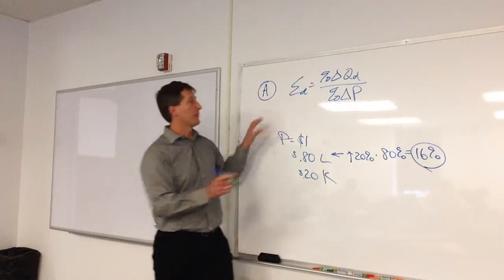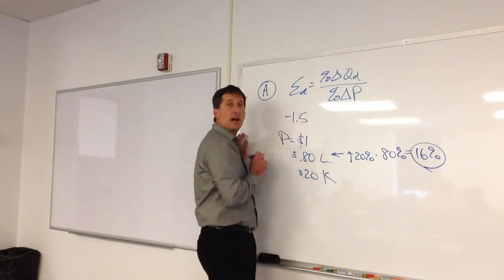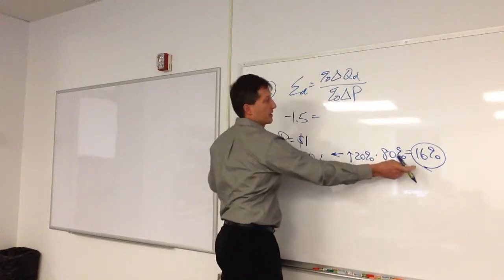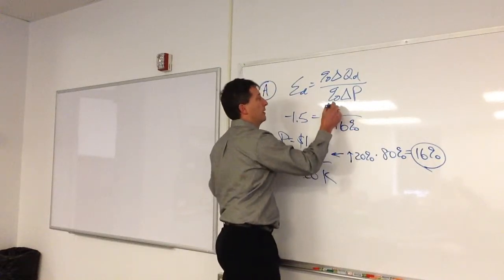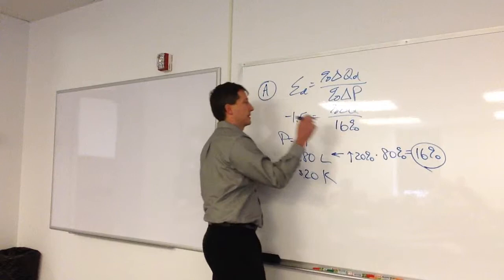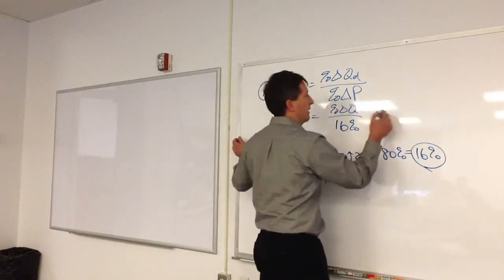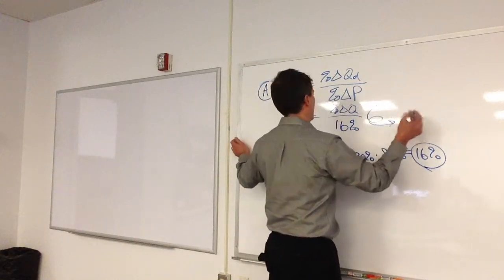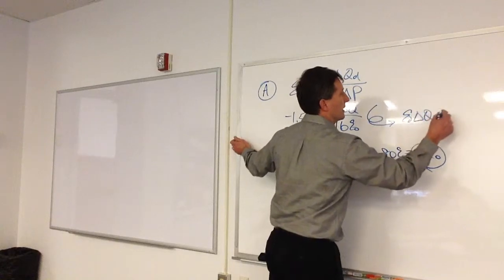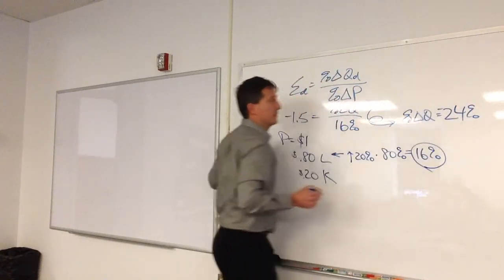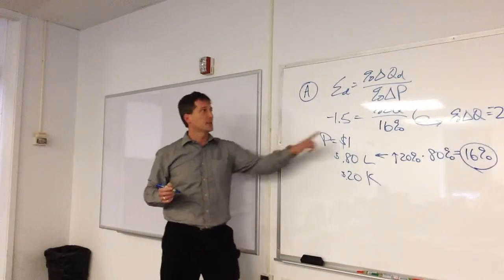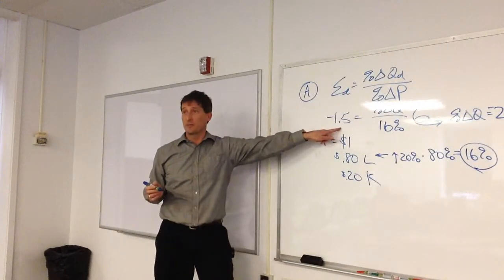Okay. So then we've got negative 1.5. The percent change in the price is going to be 16%, which is an increase. What is the percent change in quantity? 16 times 1.5 leads us to a percent change in quantity equal to 24, and it's a negative. That's a fall of 24%. So 16 times negative 1.5.